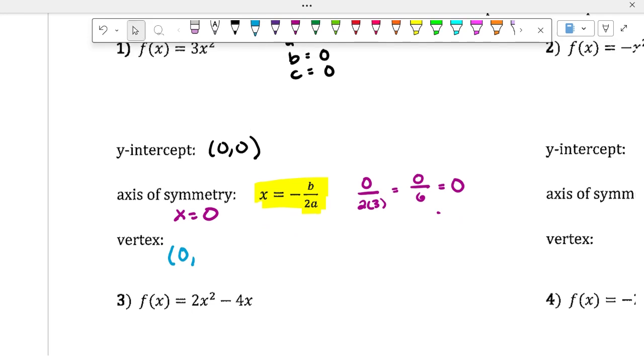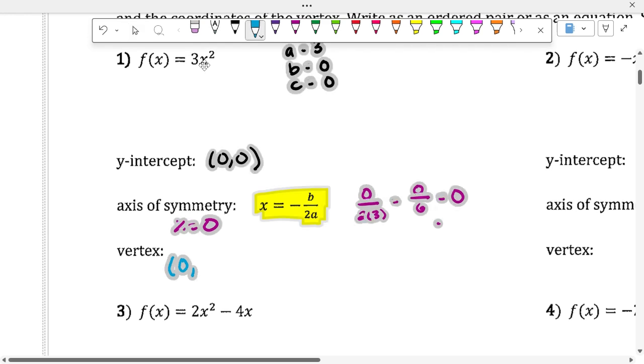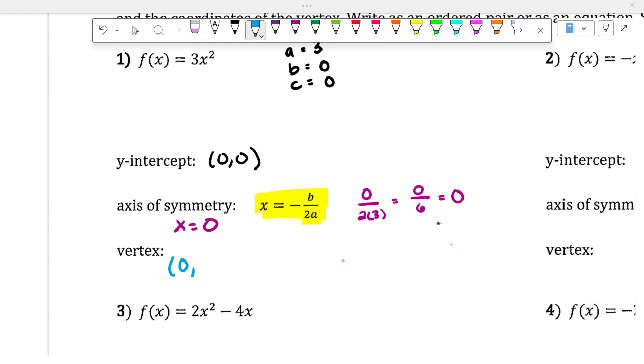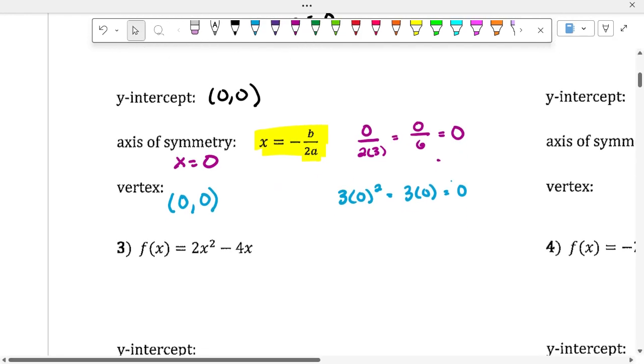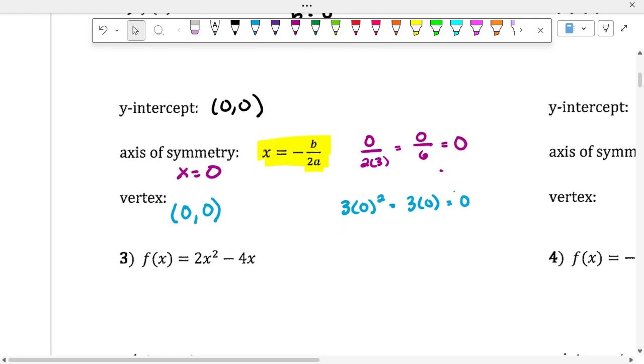Plug it back into the original equation. So I'm going to plug that 0 back in for this x up here. So I got 3 times 0 squared. 0 squared is just 0, so that's 3 times 0, which is just what? 0. So my vertex is also at the origin. All right. So that was the first one.